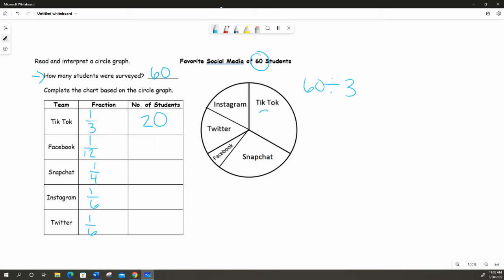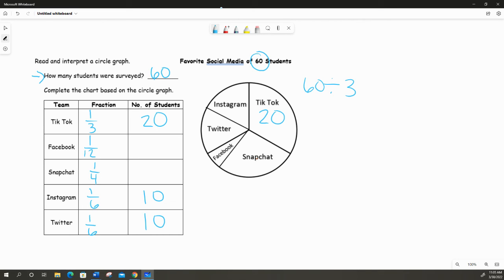So TikTok has a total of 20 students. Then that means between Instagram and Twitter, that should also be 20 students. But Instagram doesn't get 20 and Twitter doesn't get 20. We have to split that 20 in half. So if we take 20 and split that in half, we would end up with 10 students liking Instagram and 10 students liking Twitter.